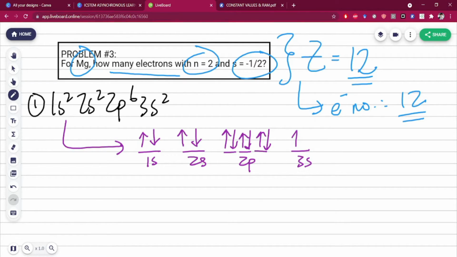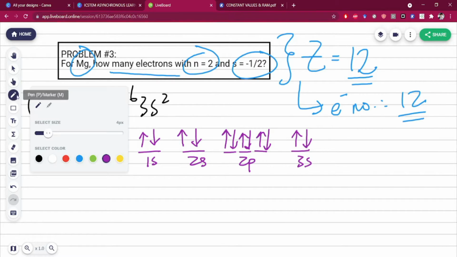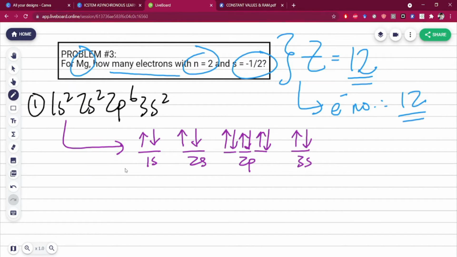Okay. Now, the requirement that we need to consider is n equals 2, s equals negative half. So when n equals 2, remember these numbers over here, the ones I have double lined in red, those are the n.